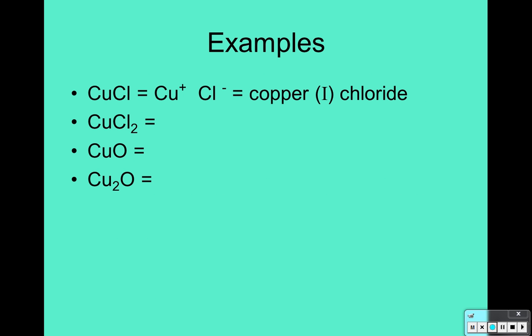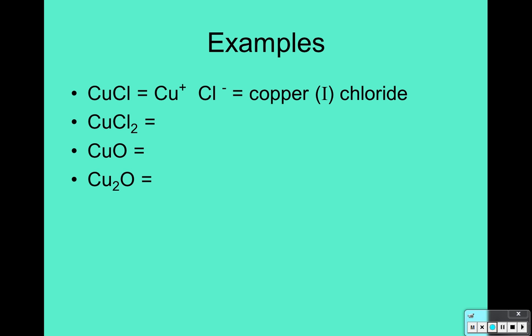So for example, CuCl. The best way to do this is to look first at the anion. So Cl is Cl minus. It is always Cl minus. It's never a transition metal because it's a nonmetal. And based on the formula CuCl, I realize I have one Cu.